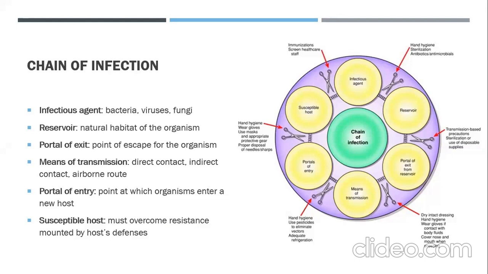So hopefully in fundamentals, you learned about the chain of infection, but if not, we're going to learn about it now. The chain of infection includes your infectious agent, whether it's a bacteria, a parasite, a virus, whatever. This infectious agent lives in its reservoir.